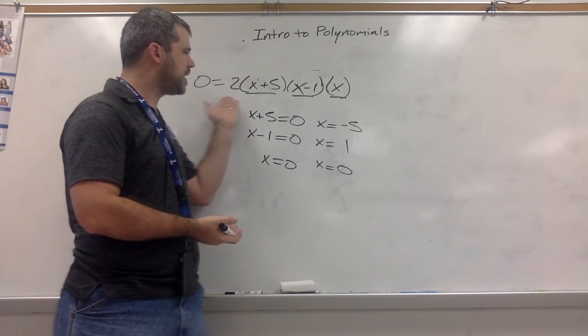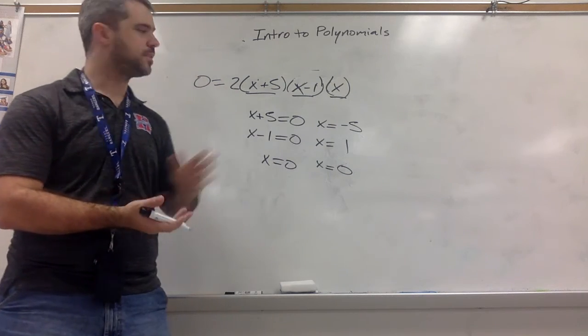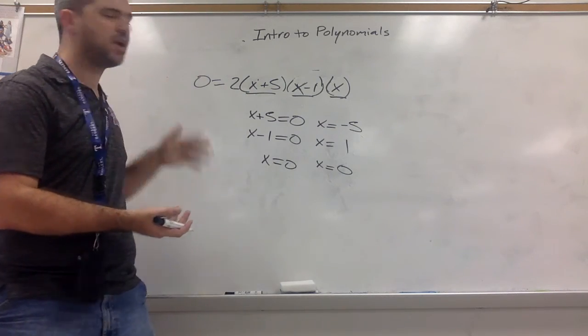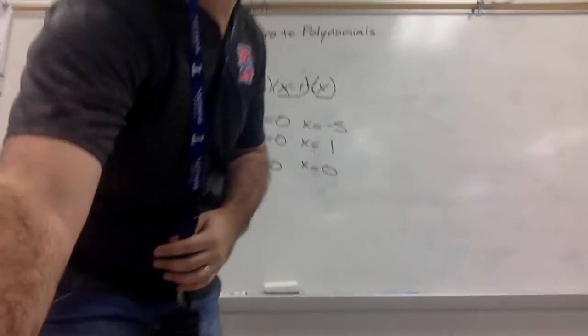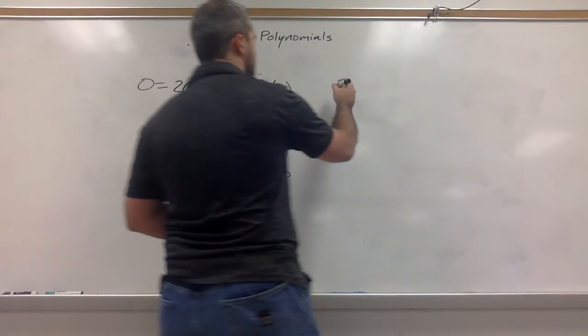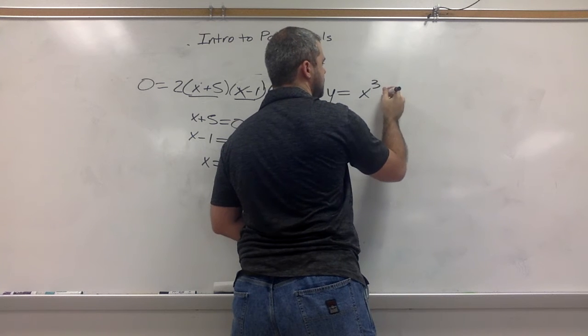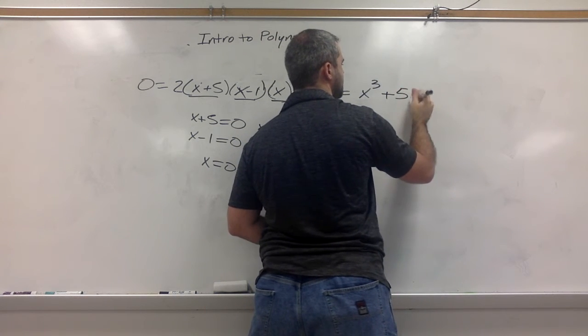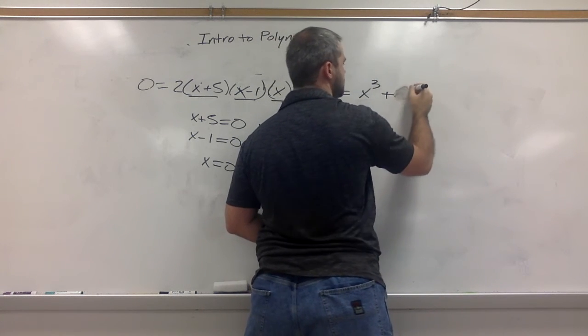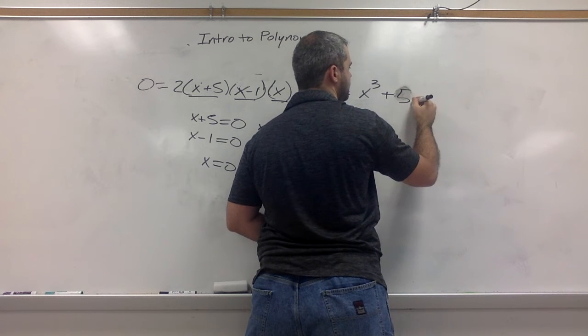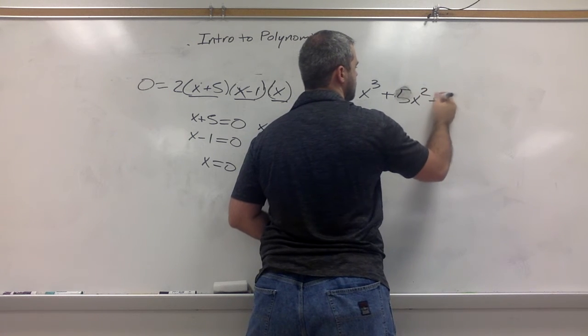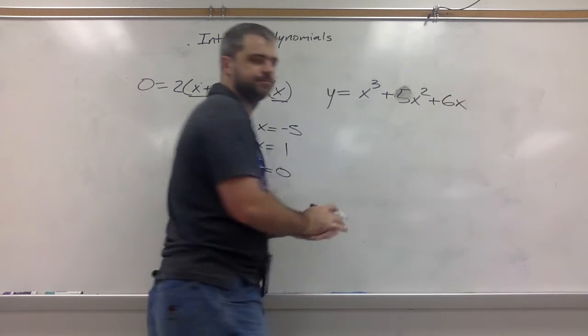Okay, so here's your introduction to polynomials. If we wanted to get backwards, get to this from the other, we're going to have to factor. So, for instance, if they give you something like this, now this is fine, 5x squared plus 6x.